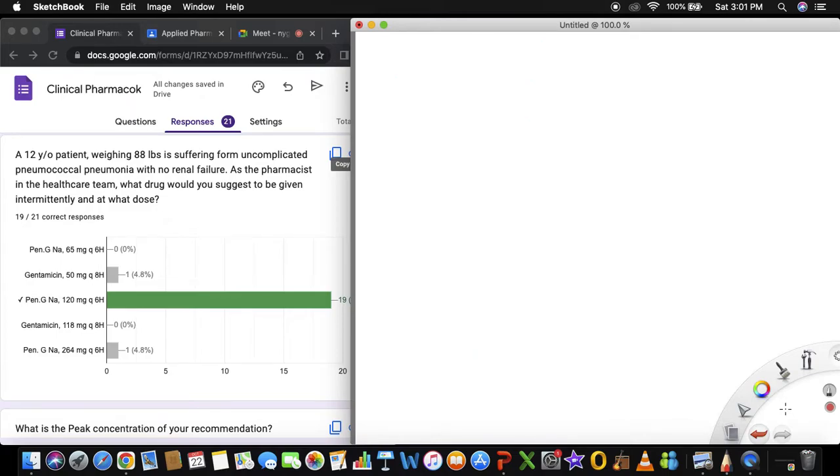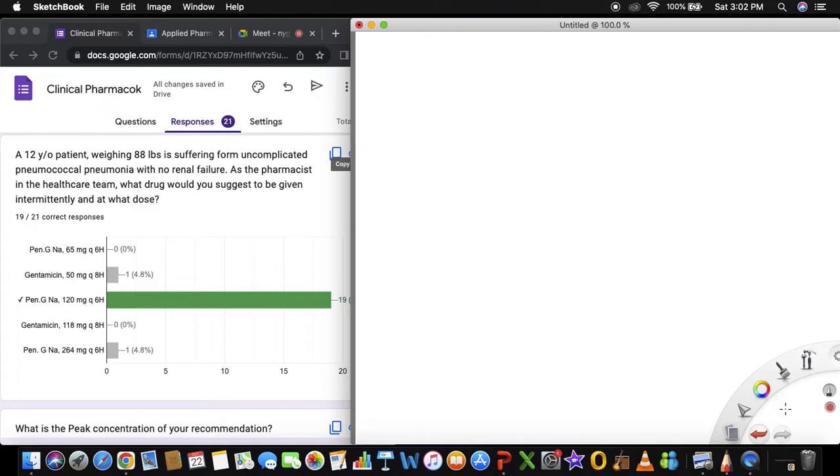Okay. So here, class, we have a 12-year-old patient weighing 88 pounds and suffering from uncomplicated pneumococcal pneumonia with no renal failure. As the pharmacist in the healthcare team, what drug would you suggest to be given intermittently and at what dose? A quick Google search would give you the drug of choice for an uncomplicated pneumococcal pneumonia, and that would be, of course, Pen-G.